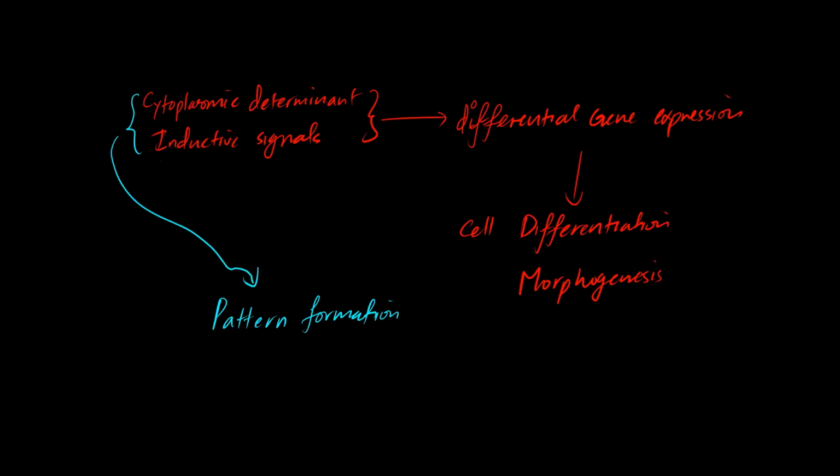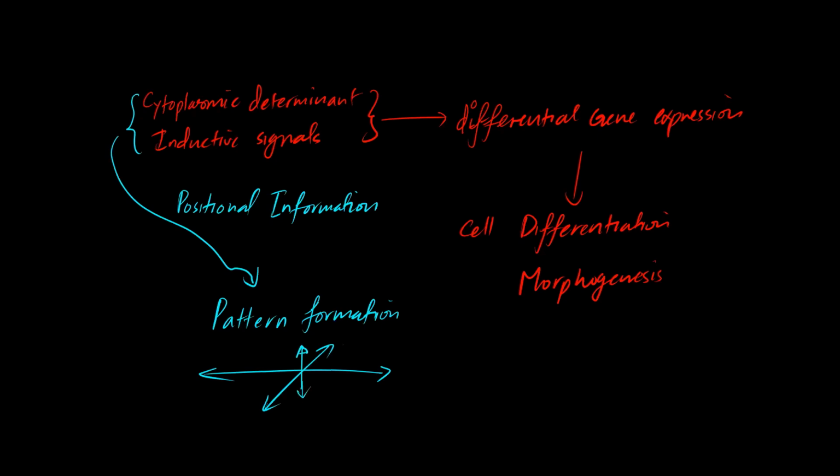And both are called positional information. So in pattern formation, every cell will know its place within the organism. So we have establishment of the major axes of an animal, okay? The head, the tail, the right, the left, and the back and the belly, okay?